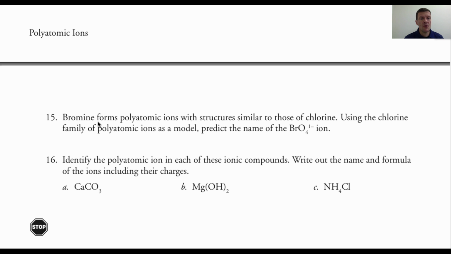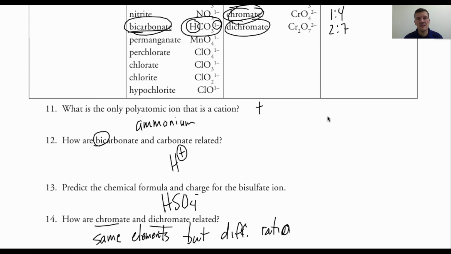Number 15, bromine forms polyatomic ions with structures similar to those of chlorine. So bromine, chlorine. Using the chlorine family of polyatomic ions as a model, predict the name of the BrO4 with a -1 charge on it. So we're going to predict the name of this. So let's look back up at the one that has chlorine in it.